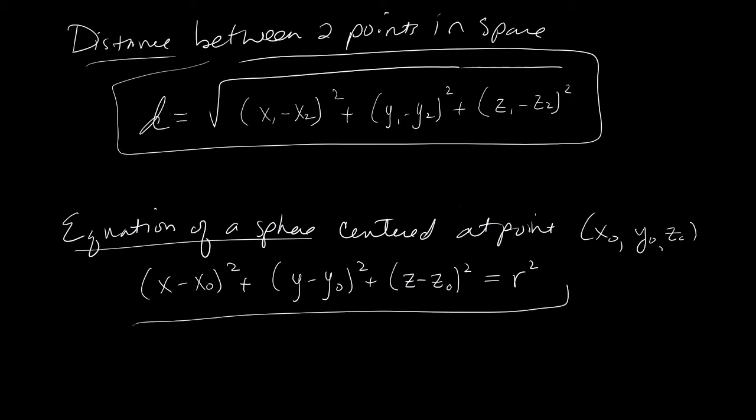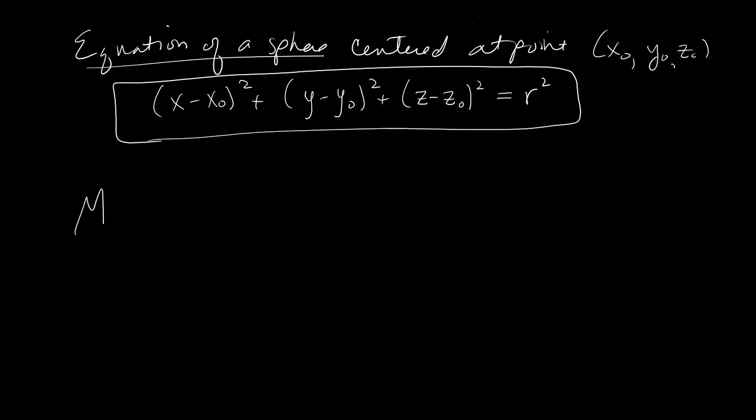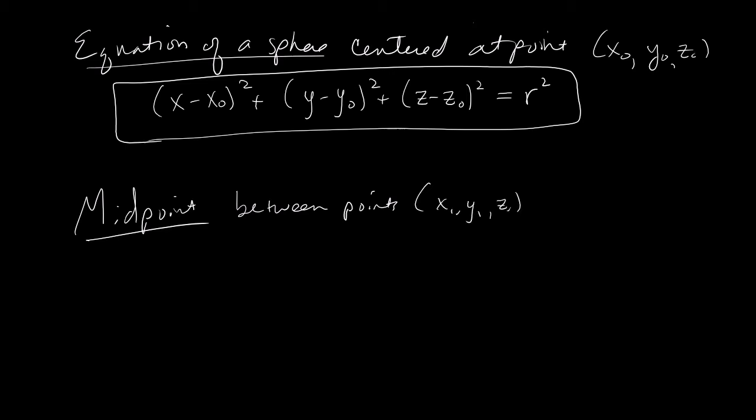The next thing we have is going to be the midpoint formula. So that's also very useful. So the midpoint formula in R3 is going to be given like this. So this is the midpoint between points x1, y1, and z1, and x2, y2, z2.